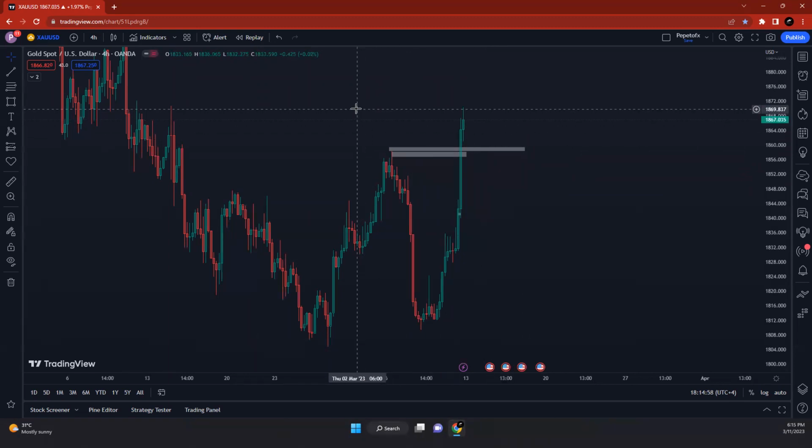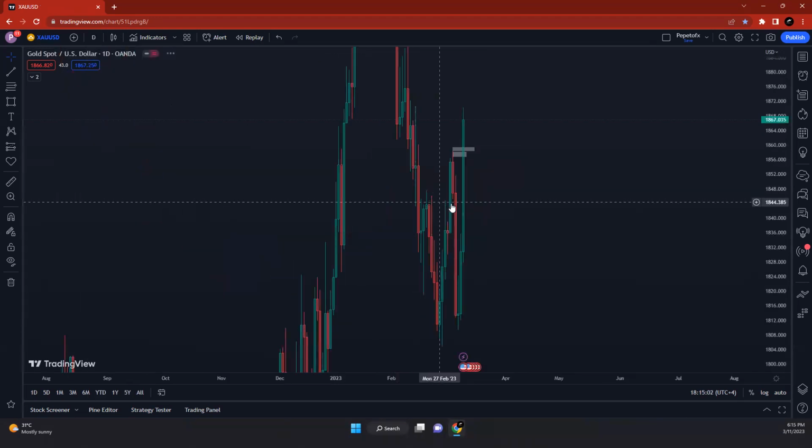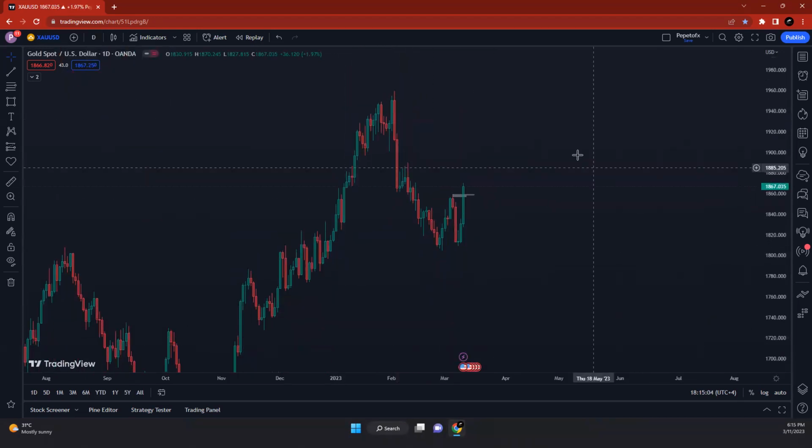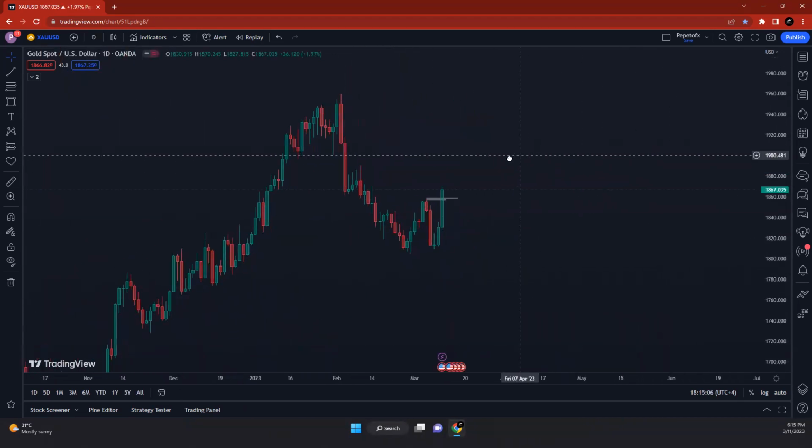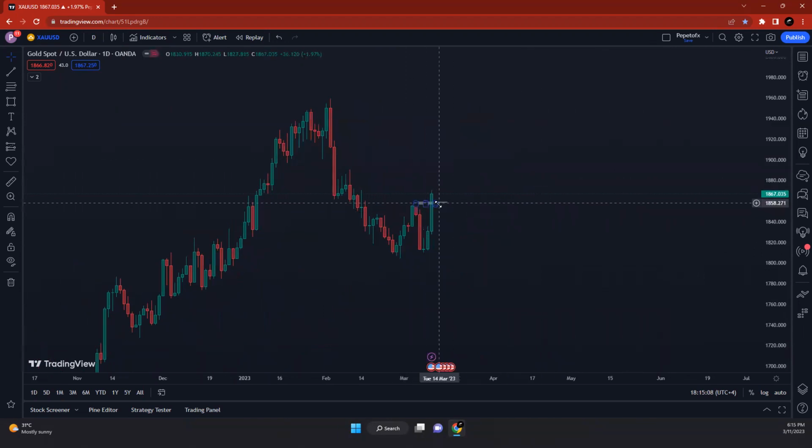With the way the daily candle closed, I think it will push further up, and the weekly candle also grabbed liquidity. The previous weekly candle closed bullish, and the last weekly candle also grabbed liquidity, with a long wick to the downside, and it looks like it is rejecting that zone.